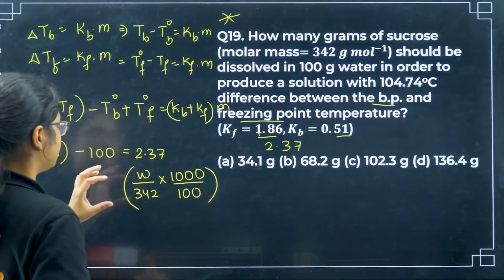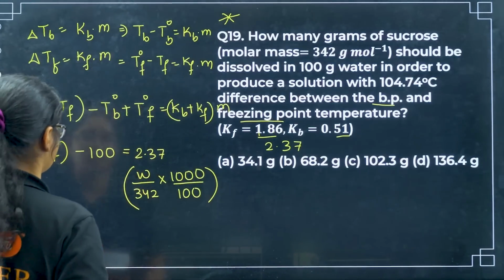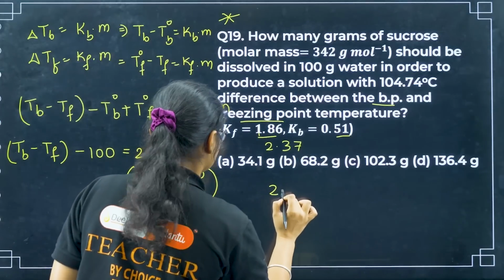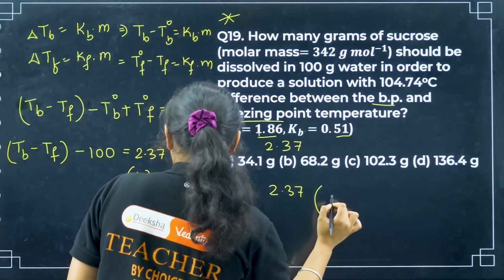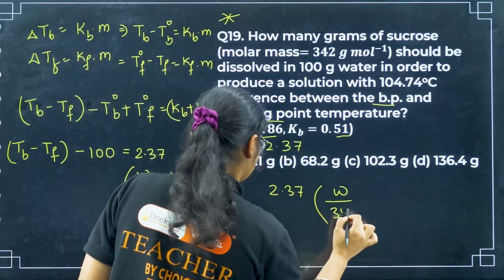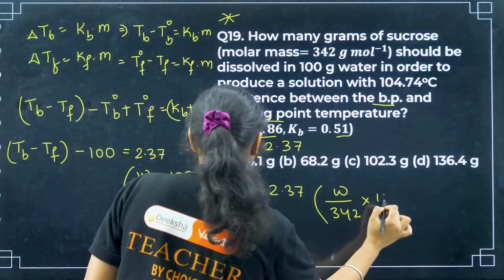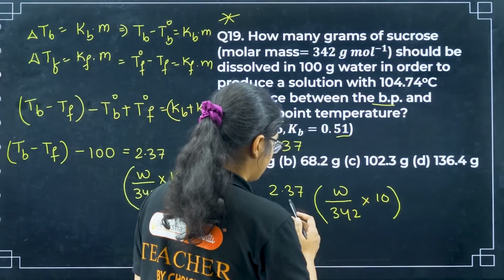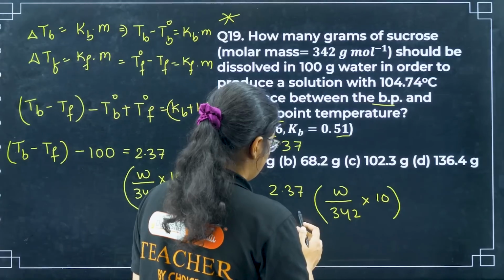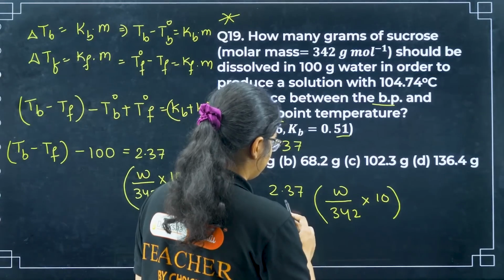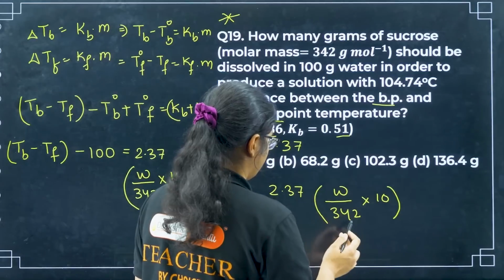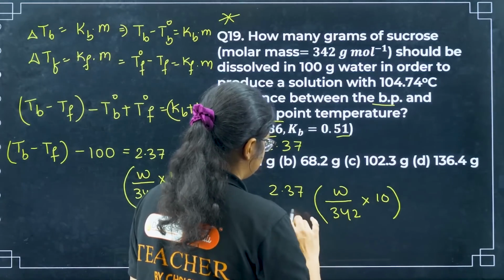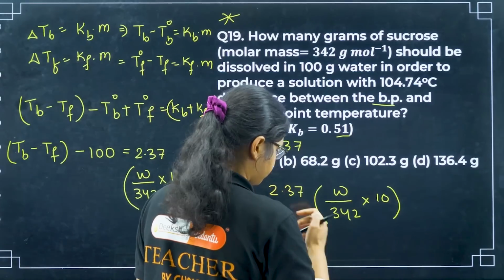So here this is the part where I have to calculate this W. If I just solve this right hand side part, 2.37 by W into 342 by 10, I can do the calculation here. 2.37 divided by 342. Let me just do some arrangement here.